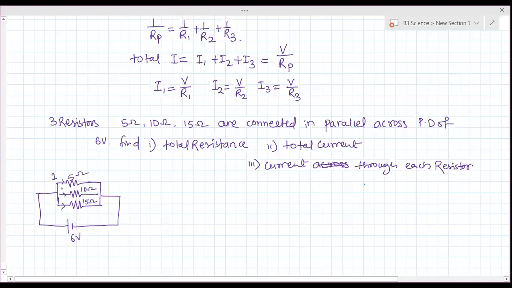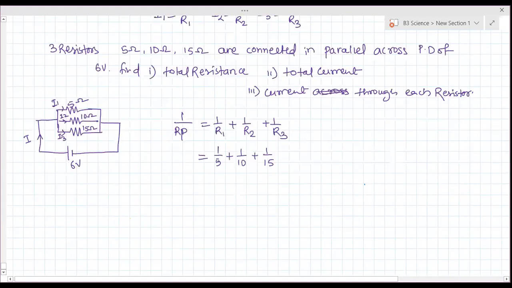Current is I1, I2, I3, and the total current is I. So total resistance, how to find out now? Listen very carefully. 1 by Rp is equal to 1 by R1 plus 1 by R2 plus 1 by R3. So substitute the values. It is 1 by 5 plus 1 by 10 plus 1 by 15.